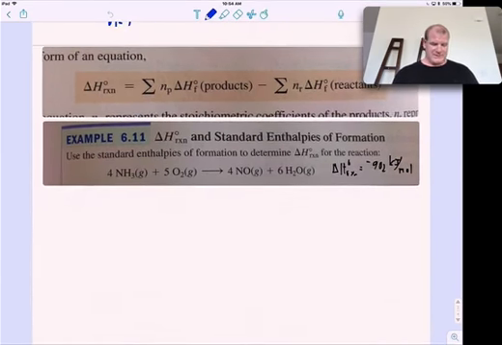So let's apply this formula to this equation. What is the delta H of reaction for ammonia forming nitrogen monoxide? This is also an important reaction. Let me tell you some of the history of this. Around the year 1900, we were facing what's known as a Malthusian catastrophe, when the population outgrows its ability to provide for itself.